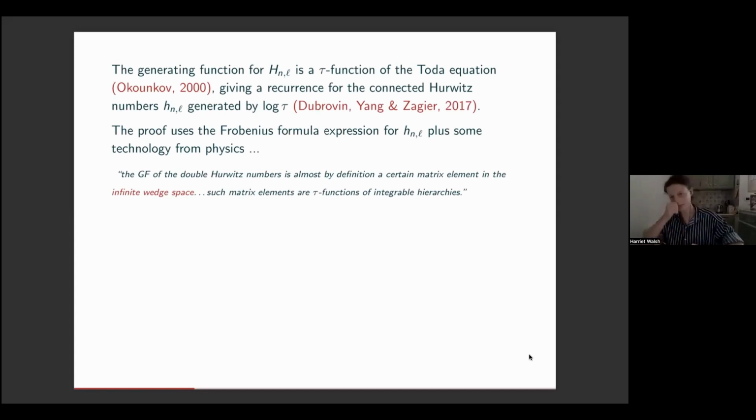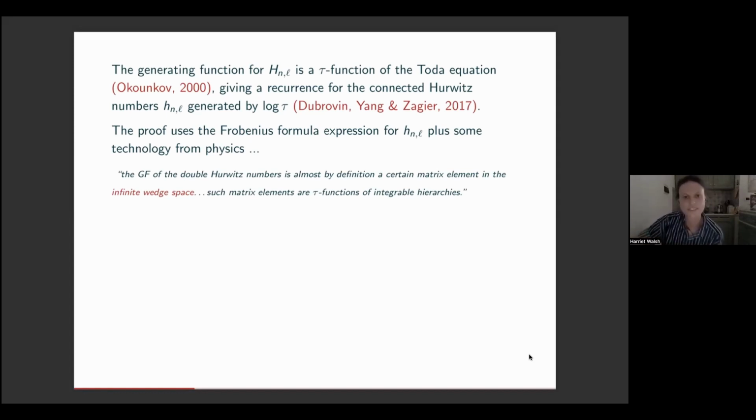And this was then used by people in combinatorics, Zograf and Zagier, to find a recurrence for the connected part of the Hurwitz numbers. Connected Hurwitz numbers count factorizations by transpositions where we require the factorization to be transitive.